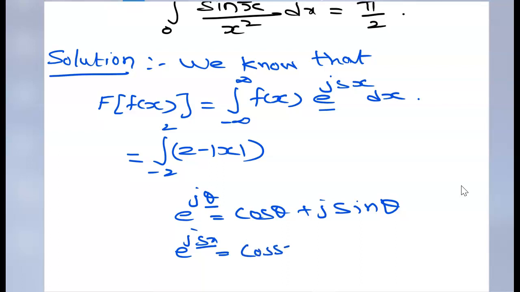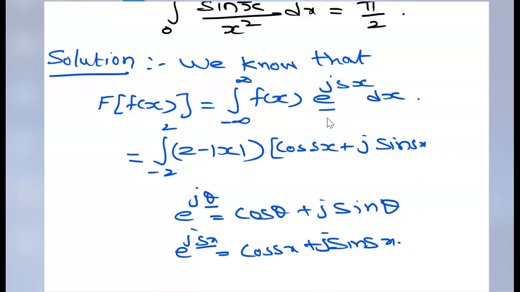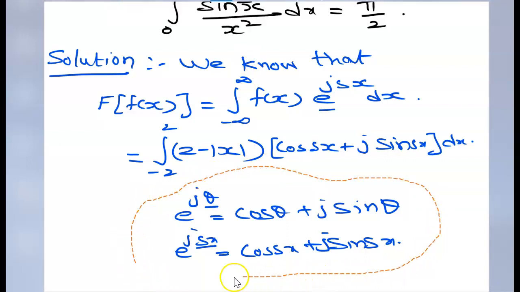It is cos s x plus j sin s x. Now I am going to substitute here: cos s x plus j sin s x dx.